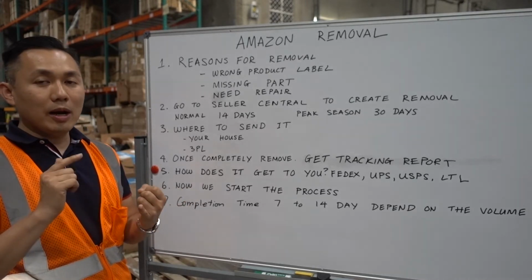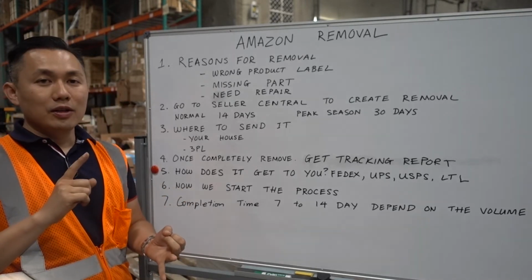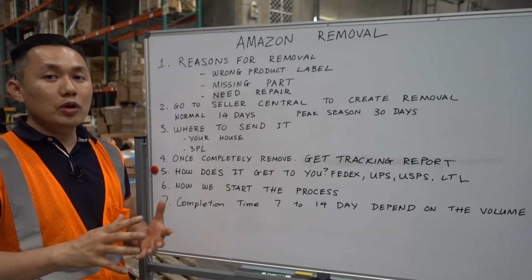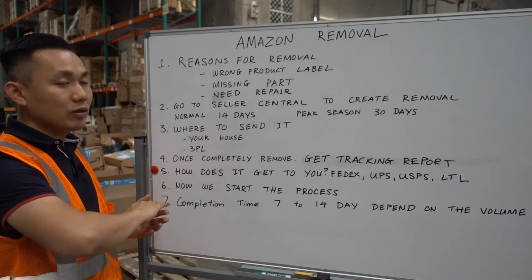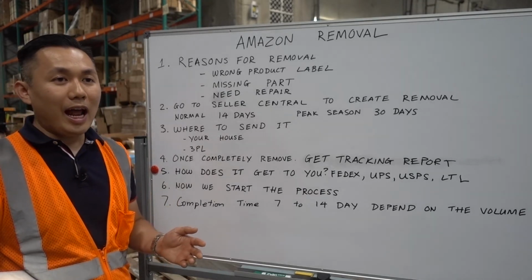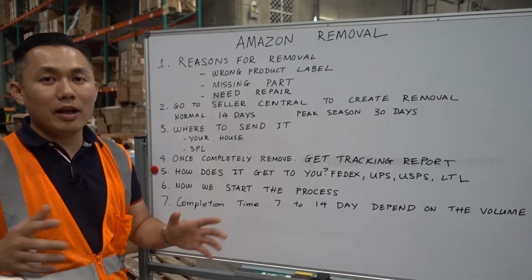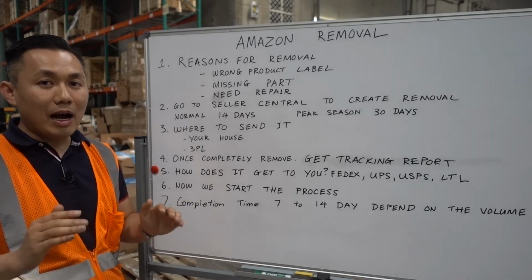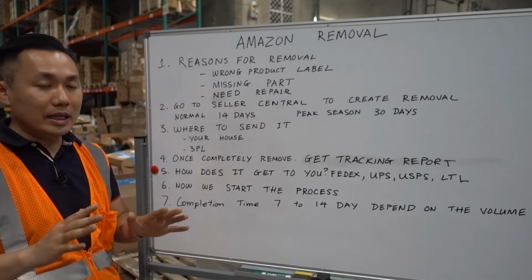So it could come to us via FedEx, UPS, USPS, and LTL. I will show you how it comes in a bit, but pretty much it comes to us in all different types of methods, and it could come to the front door, back door, all types of methods. So just be very careful. Understand that it's going to come as a mess. It's not going to be neat, okay?